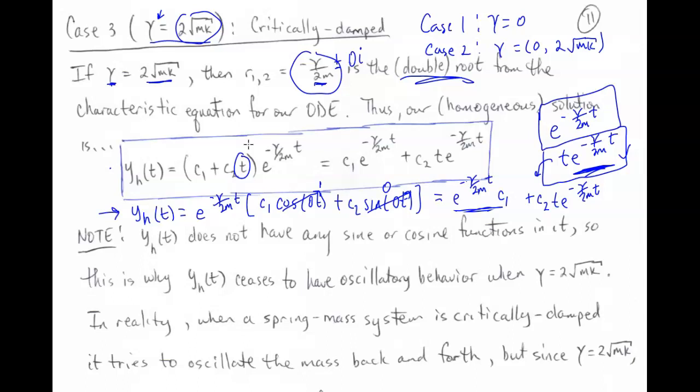Okay, so what you'll see in the examples that we do later with the graphs is that the function will start to try to act in an oscillatory manner, but what it's really doing is acting like the function y equals c times t.